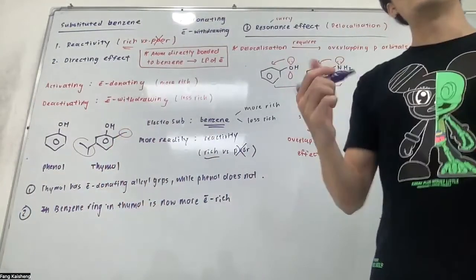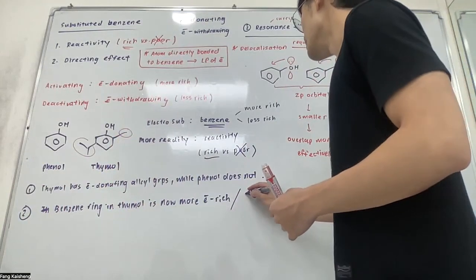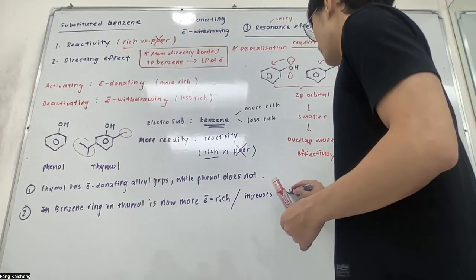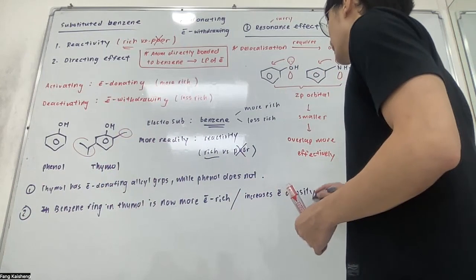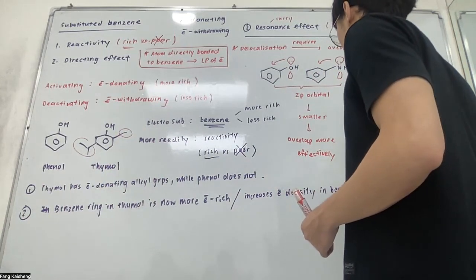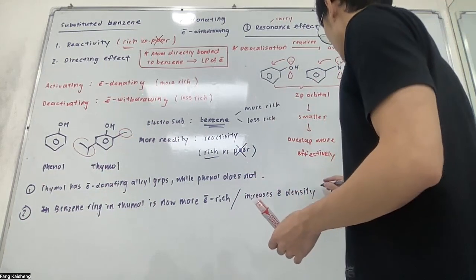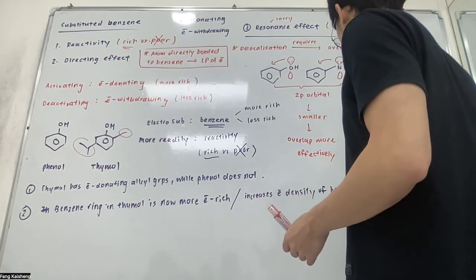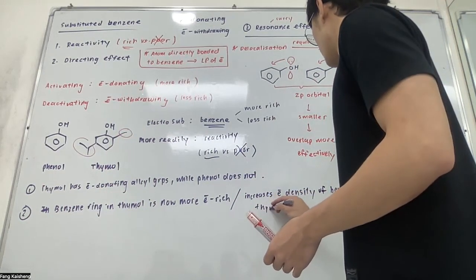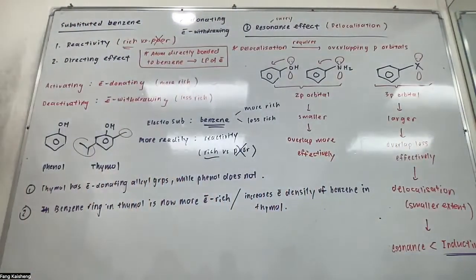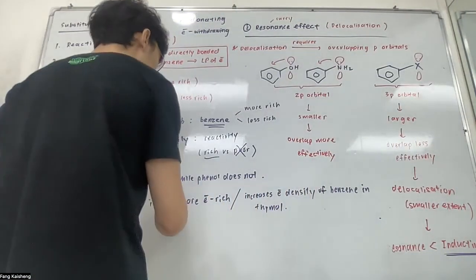You can either say more electron rich or it increases electron density in the benzene ring. Both are explanations you will see. Choose which one you prefer. Personally, I would prefer more electron rich.